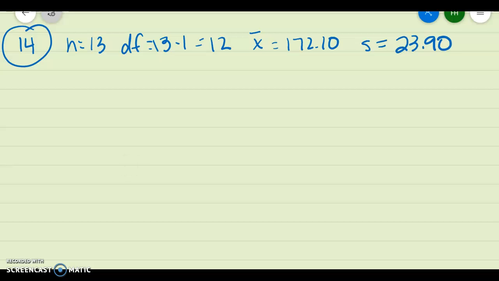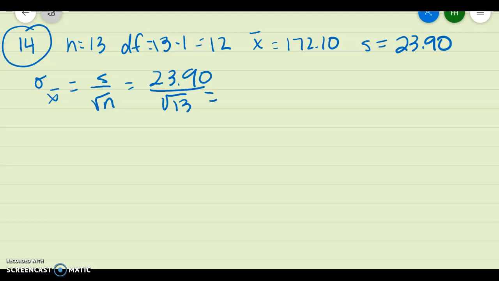So we're going to do our standard error, which is s over the square root of n, which is 23.90 divided by the square root of 13, and we get 6.6287. You look up your t value, it's going to be 3.055.